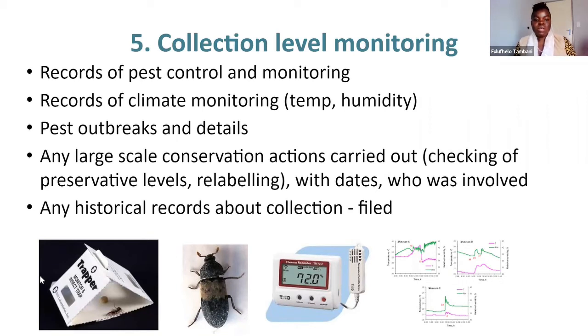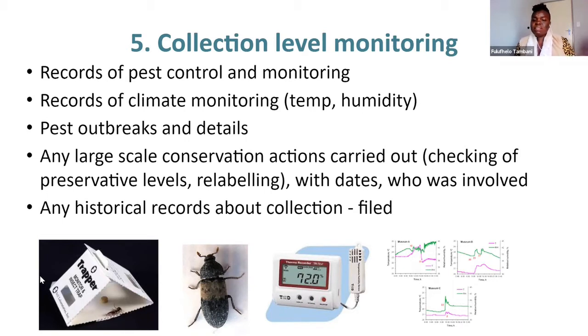So you need to keep information about whatever actions have been taken in that collection, whether it was checking preservative levels or relabeling, whatever it is, there has to be a record of that.